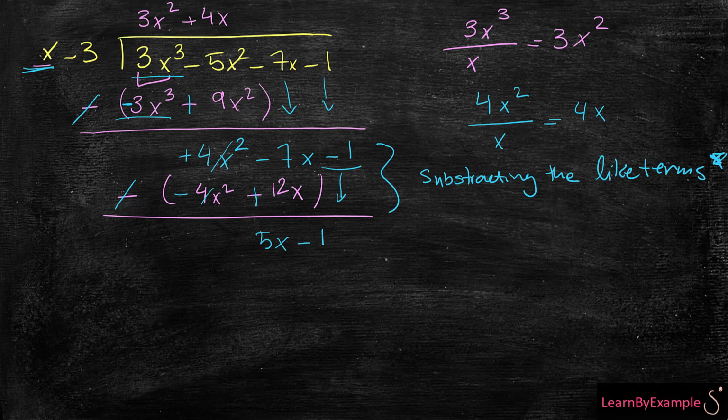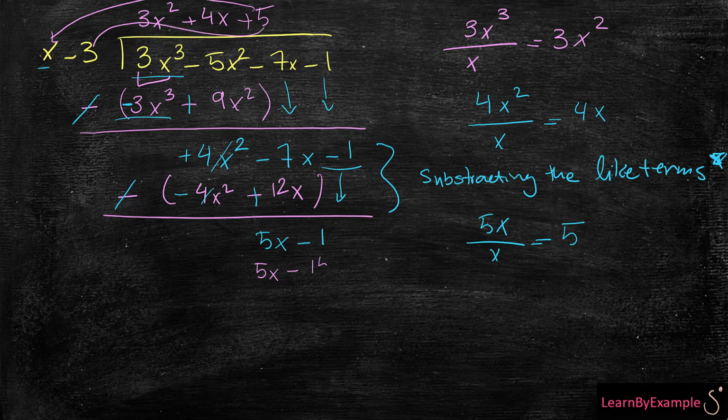I still have another step left, which is my 5x. So I'm going to take my 5x. I have to divide it by my first term here. So the same thing over and over again. I will end up with 5. So I'm just going to add it over here. So plus 5, multiply 5 by the first term here, which is 5x. Multiply it by the second term here.